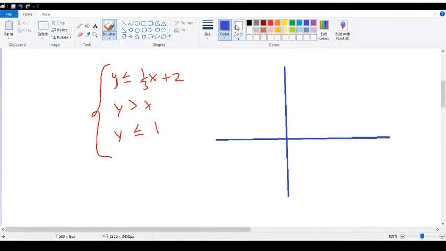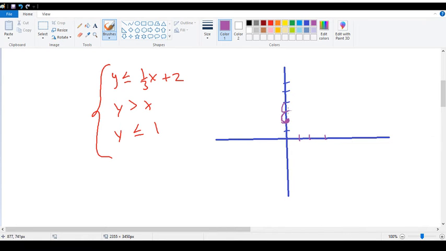And if I graph the first one, if you notice the y-intercept is 2, so that's 2. Slope is 1/3, so you go up 1 and over 1, 2, 3.